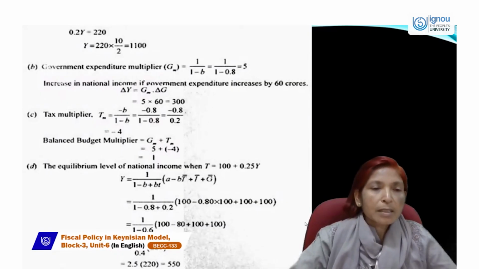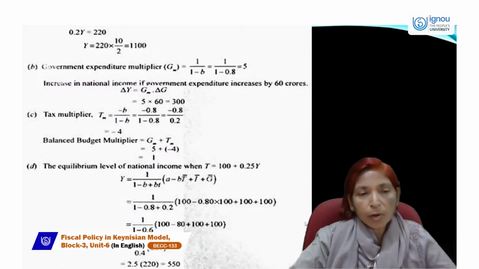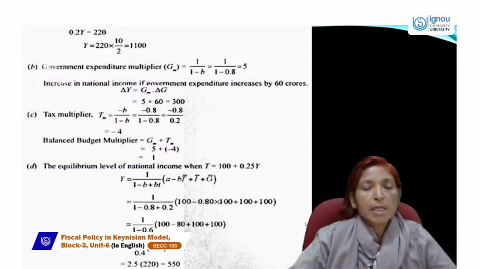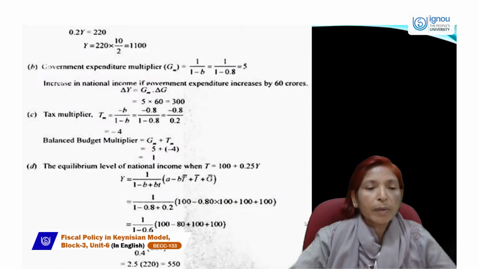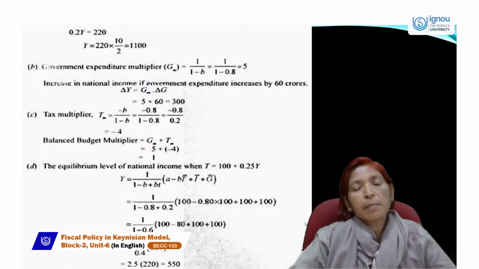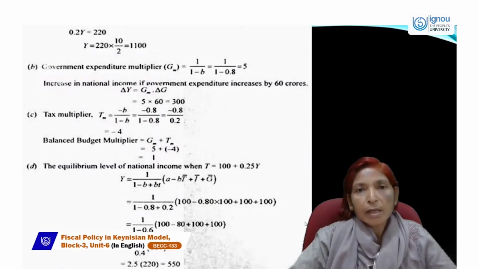And the tax multiplier is calculated with the help of this formula: minus B upon 1 minus B. Here B is MPC, so put the value of MPC: minus 0.8 upon 1 minus 0.8. Minus 0.8 divided by 0.2, then the answer will be minus 4. The tax multiplier is always negative because tax is a leakage and government spending is an injection.